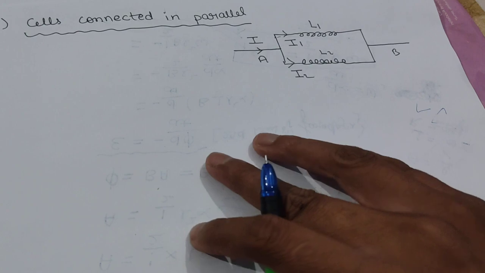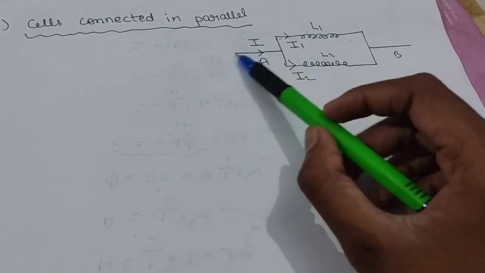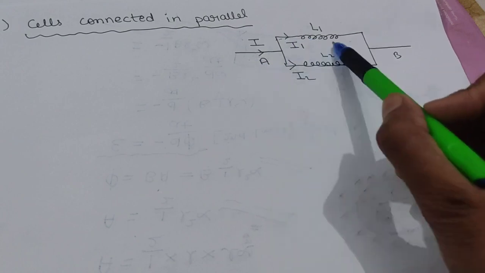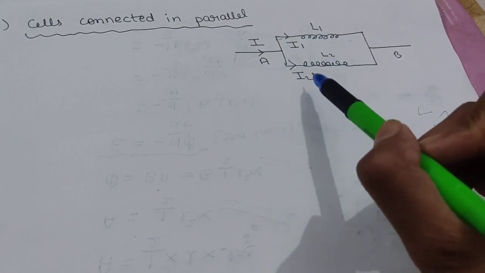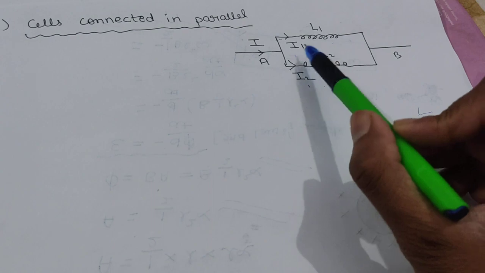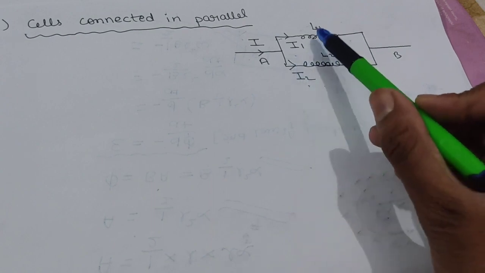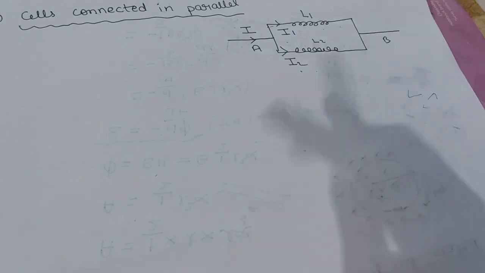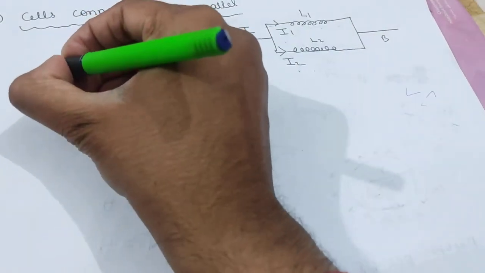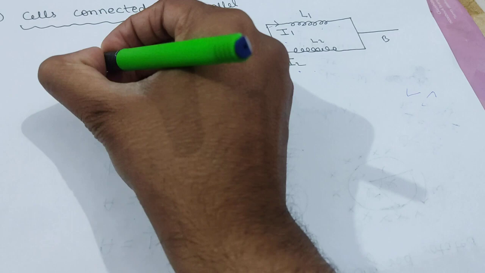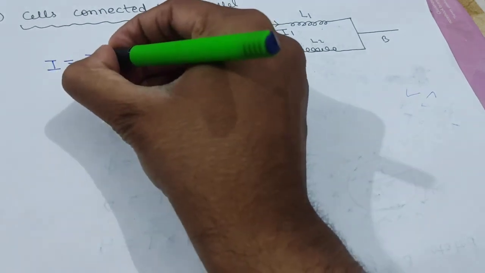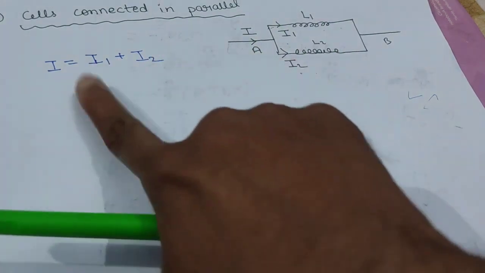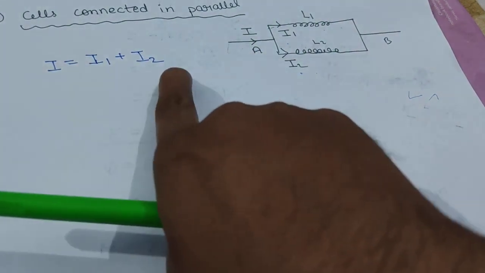If the coils are connected in parallel and we pass the current i from A to B, the current will divide into i1 and i2 through L1 and L2 respectively. So the current i is equal to i1 plus i2.